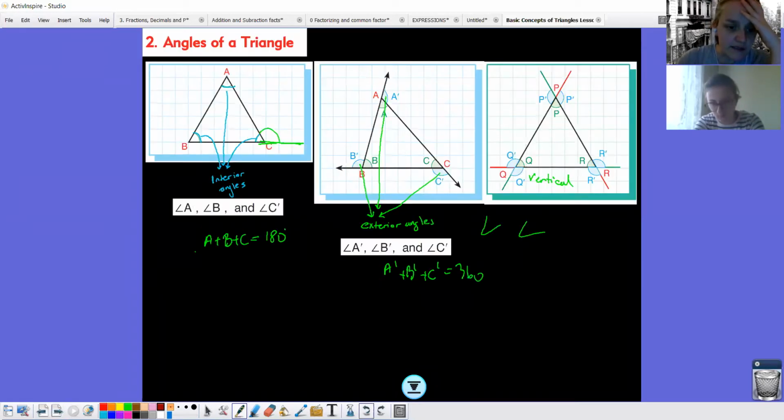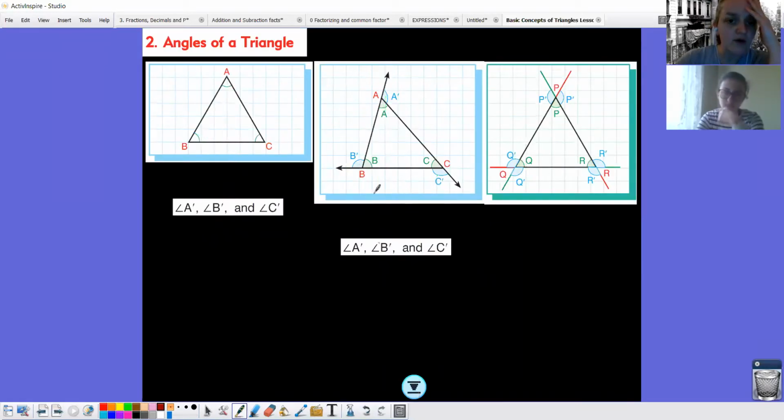Now angles of a triangle. Here, as you see, we have angle A, angle B, angle C. They are interior angles of the triangle. And these angles, A prime, B prime, C prime, as you see, are shown here also. They are exterior angles.